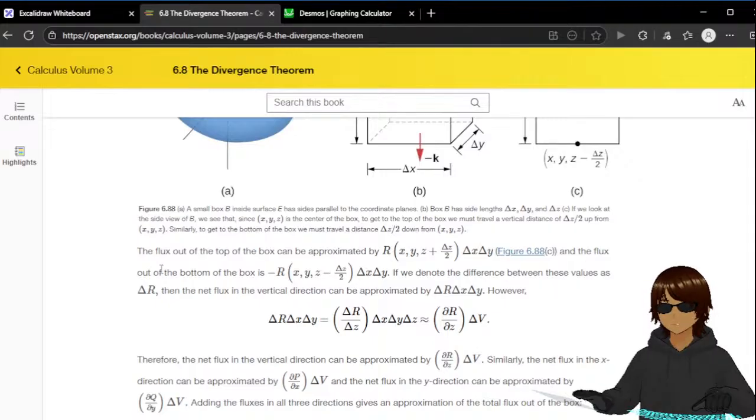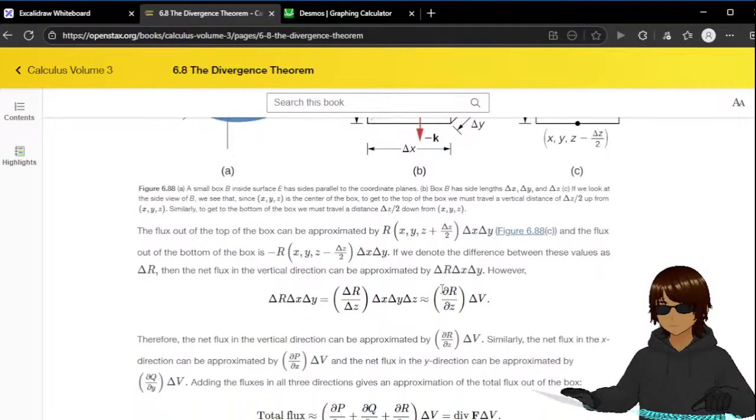And the flux out of the bottom of the box is minus F, the vector here, times this, times the area. If we denote the difference between these values as delta F, then the net flux in the vertical direction can be approximated by delta F, delta x, delta y.